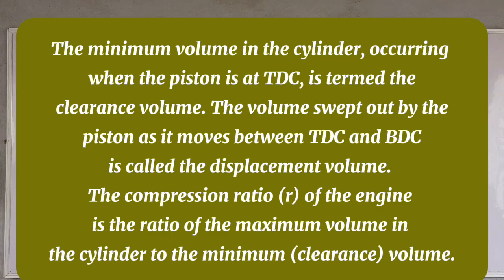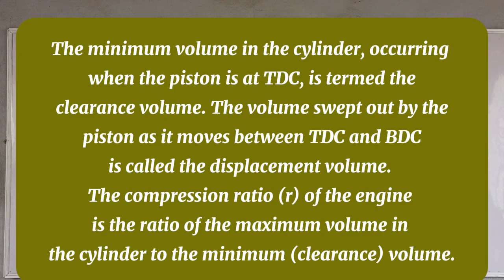The minimum volume in the cylinder, occurring when the piston is at TDC, is termed the clearance volume. The volume swept out by the piston as it moves between TDC and BDC is called the displacement volume.